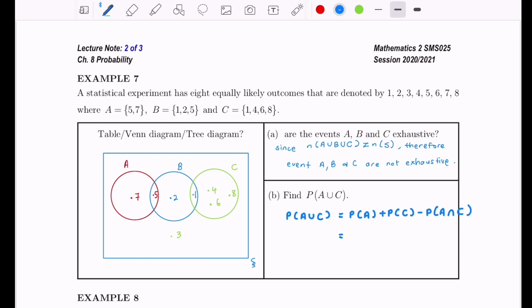For the probability of A, in event A we have 2 numbers, so 2 out of 8, plus the probability of C. In event C we have 4 numbers, so 4 over 8, minus the probability of A intersect C. As you can see here, A does not intersect with C, so there is no intersection between A and C, so minus 0. So 2 over 8 plus 4 over 8, we get 6 over 8, which can be simplified.